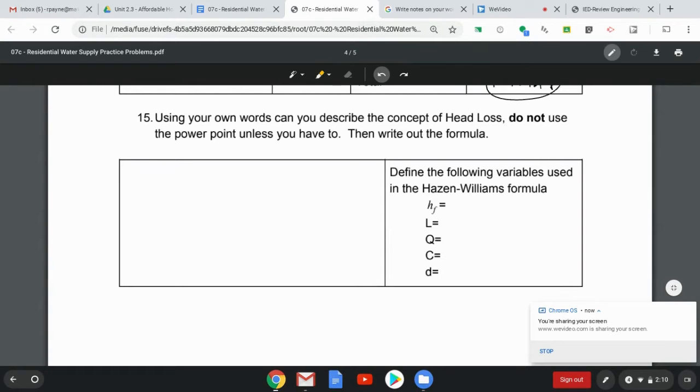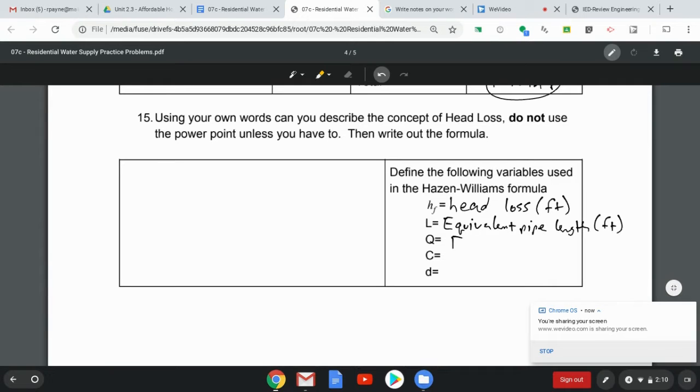All right. So HF, the meaning of this term, is head loss. It's measured in feet. L is the equivalent pipe length, also in feet.